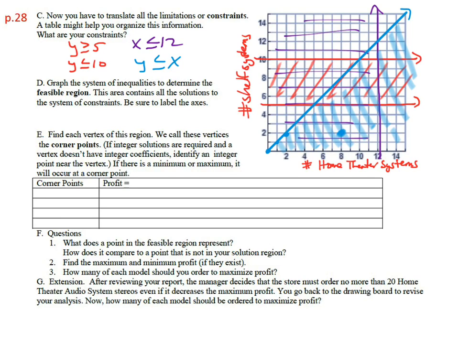And our feasible region is where everything overlaps here. I'll use the highlighter, that'll work better. So that lovely trapezoid.